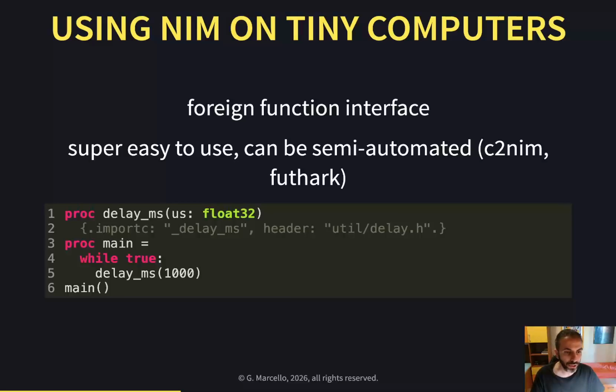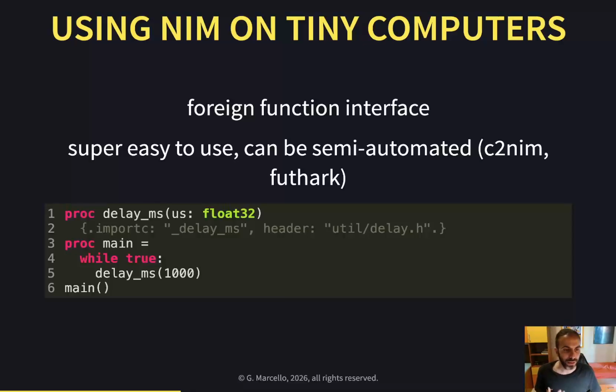This example here shows how to actually do this manually. So you use this importc header with this kind of decorator syntax, which is called a pragma. And you define a procedure with just the header, let's say, without a body. And by specifying which header file it's found in, and the name of the function that you're trying to import from C, Nim understands where to get it, and it will just work.